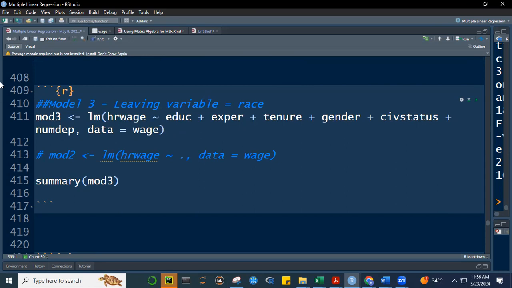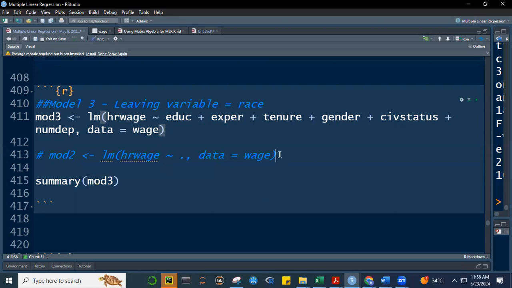Okay, so we're now creating another model, model number 3. Same thing, hourly wage regressed on 1, 2, 3, 4, 5, 6. So the 7 variables became 6 now because we are removing race. Okay, same thing, data is equal to wage. All right?